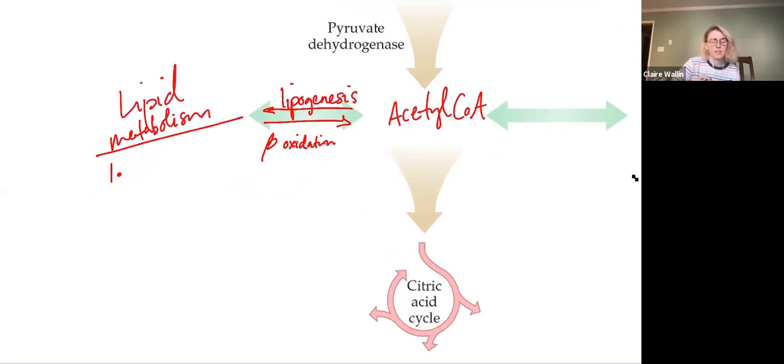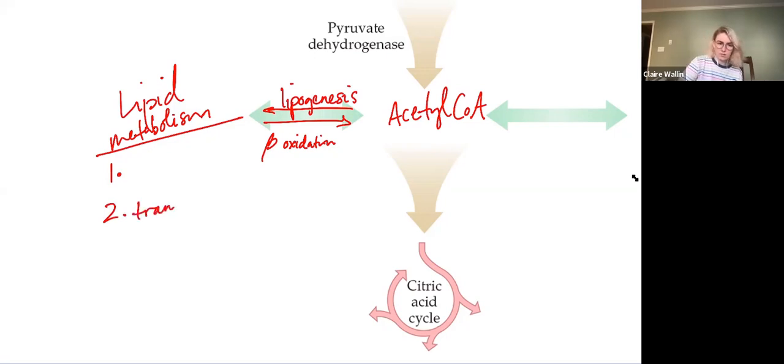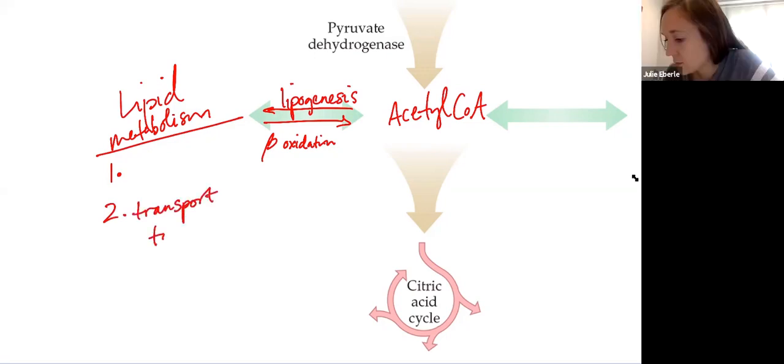I might be wrong, but does it need to be moved from the cytosol into the mitochondria? Actually, yeah, that's step number 2. There's a transport step, so we need to transport to the mitochondrial matrix.